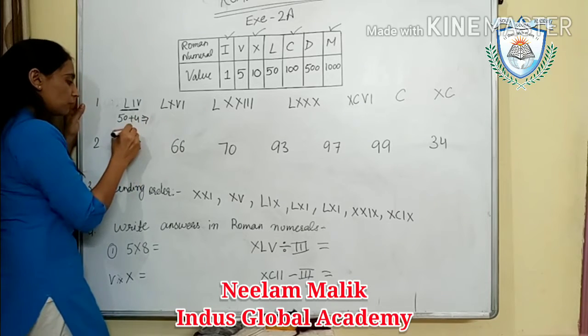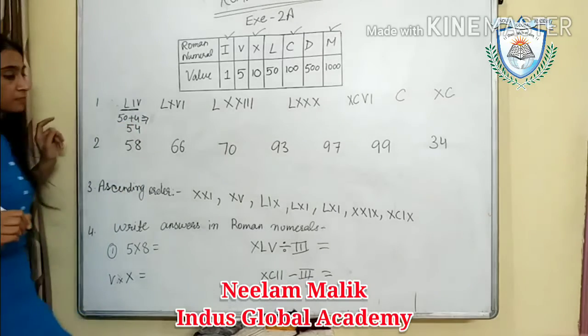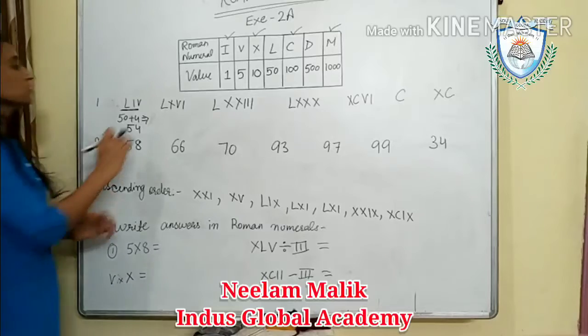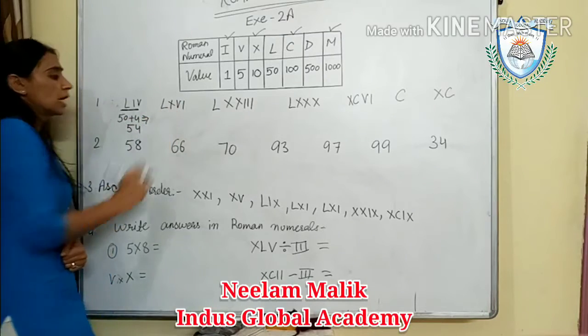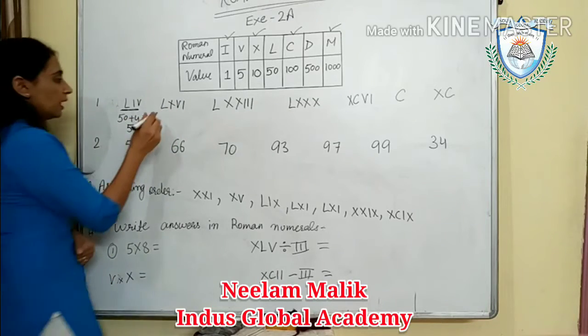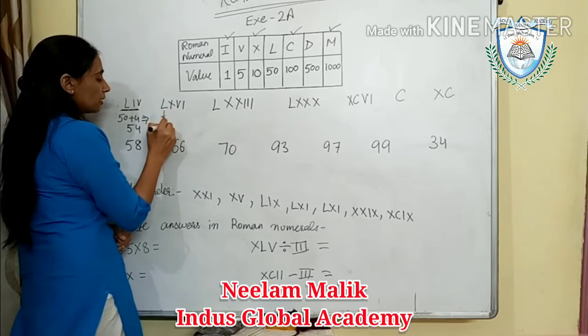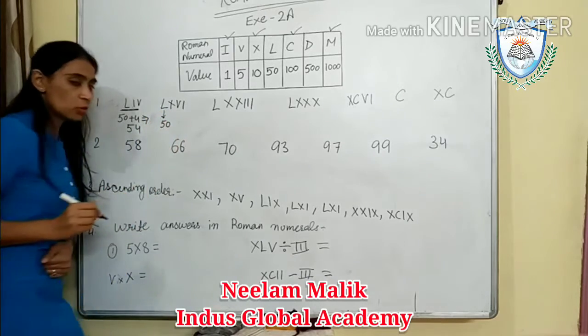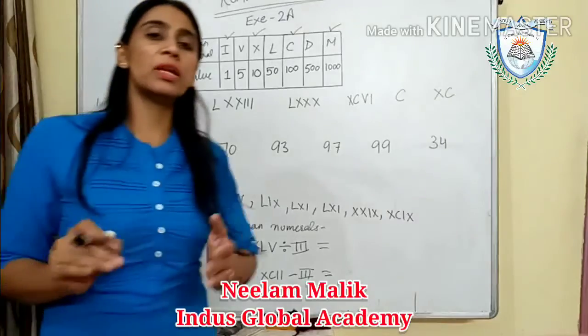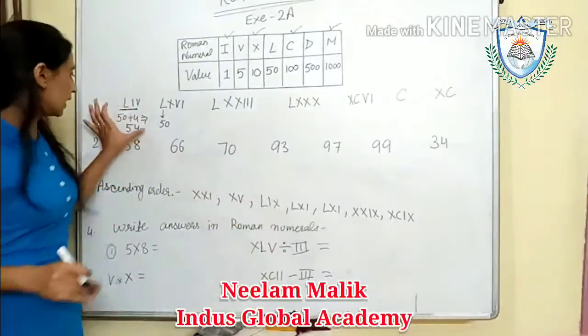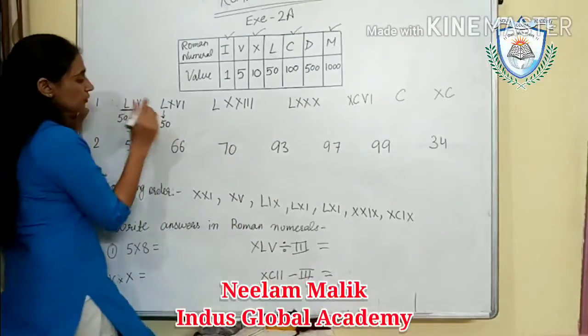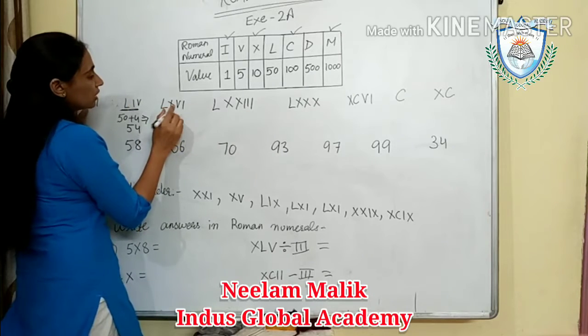It will be 54. Okay, so next is LXVI. L means 50. I told you, when we are writing these numbers in sequence, we add their values, so that's why I am adding. L means 50 plus, what is this?